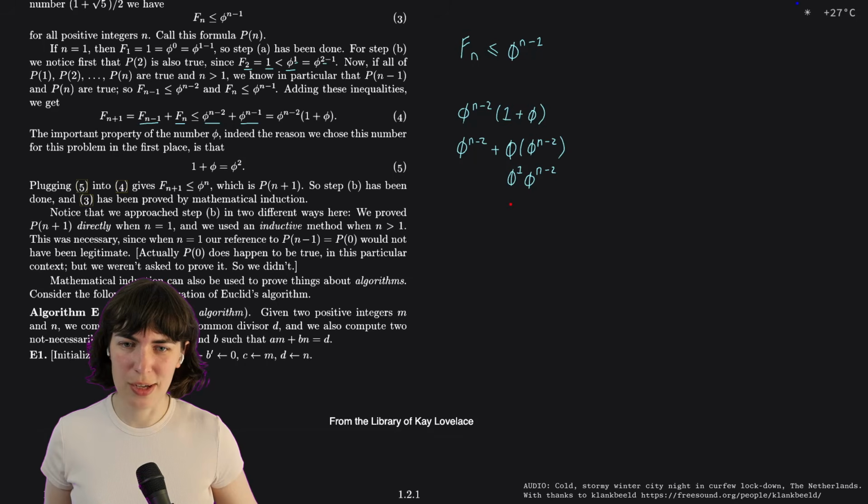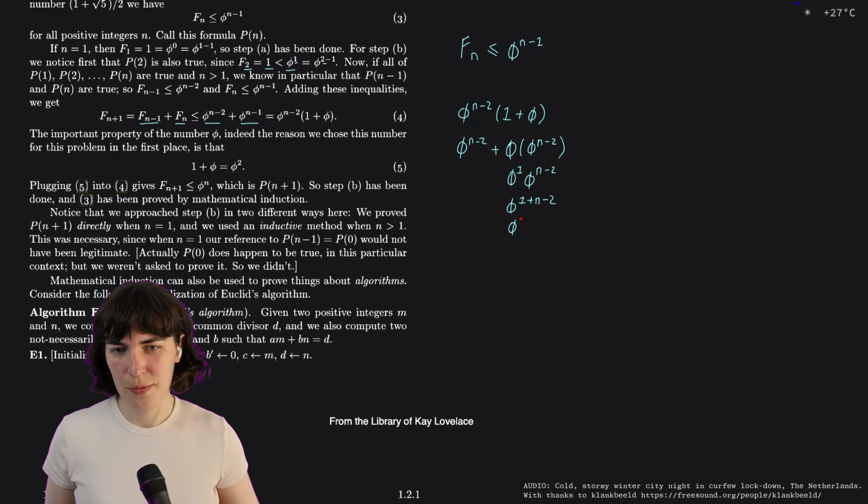You can add the exponents. So you can then say, well, I guess it's really 1 plus n minus 2, which is going to, of course, be n minus 1.